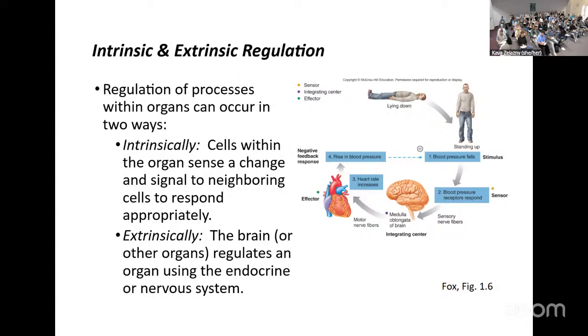So we'll see some effects happening locally, so some intrinsic regulation, and some effects happening in response to systems outside that organ, so being regulated extrinsically. Usually that's going to be involving nerves, the nervous system. Sometimes it'll be using the endocrine system, so hormone space.